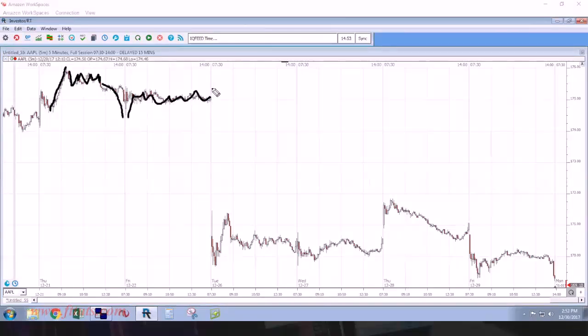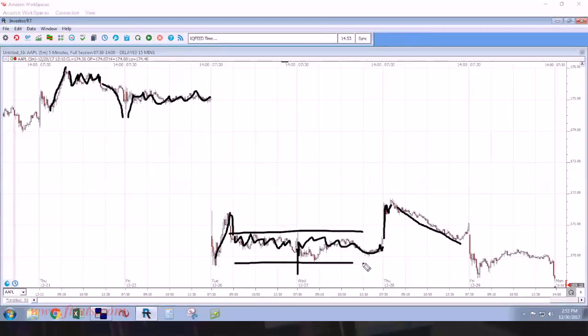Sideways, right? Here's a move. Comes back, trading sideways. Here's a test. Can't go that way. Sideways. Here's a test. Oh, can't go back that way. You come back into this zone here.